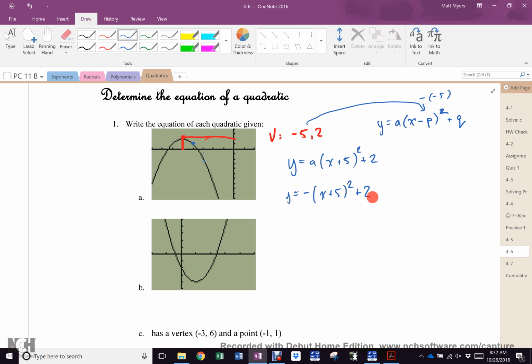Which part, Anna? The stretching part? That's still bugging you? Okay. If this was a normal parabola, from the vertex, I would go over 1 and up 1, right? So here is 1. That's over 1. Agreed?